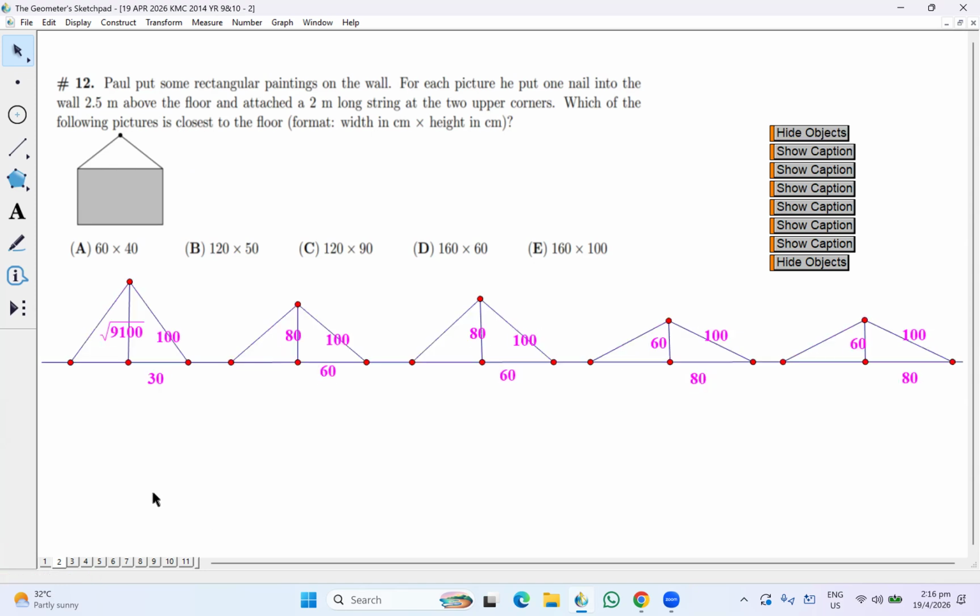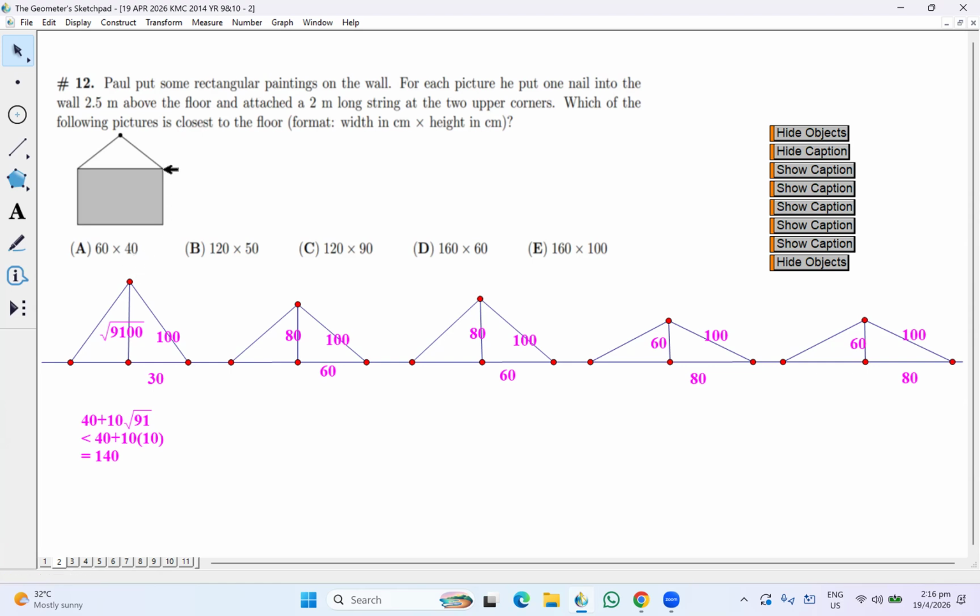Show all the 5. The first one, A, the longer side is 60, so half of it is 30. The string is 2 meters long, so 100 here. So the height is, by Pythagoras theorem, square root of 9,100. To get the distance to the bottom, we add the 40, hanging.